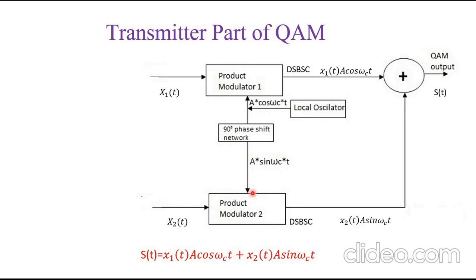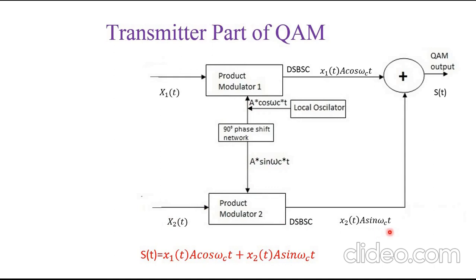The first DSBSC output will be x1(t) A cos omega c t, and the second DSBSC output is x2(t) A sin omega c t.